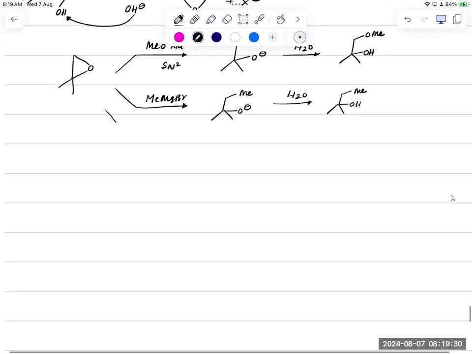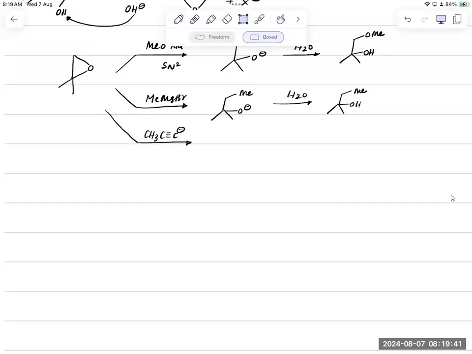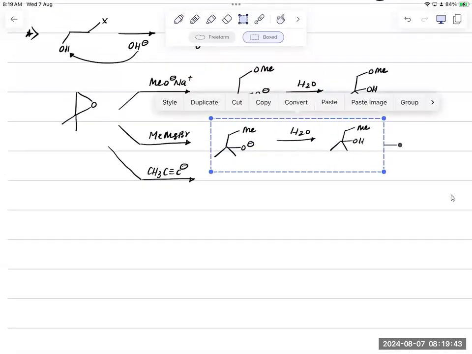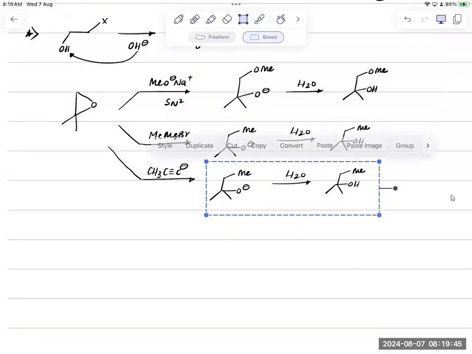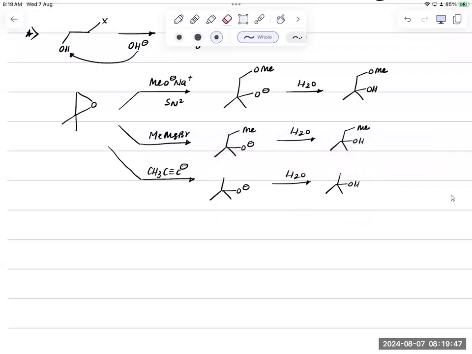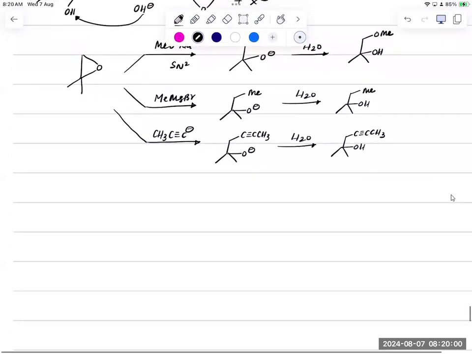Next, if you have CH3 C triple bond C minus, you could notice that all of these kinds of questions are the same. Instead of this attack, we need C triple bond C CH3 here. This is how it will get connected.